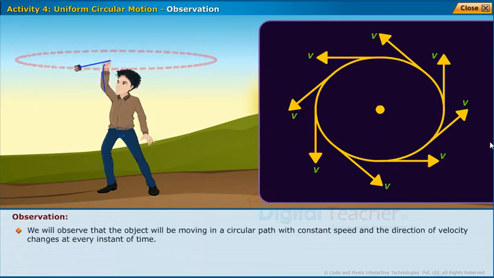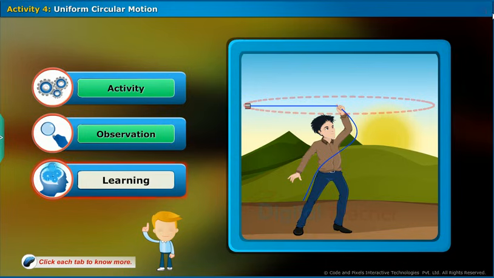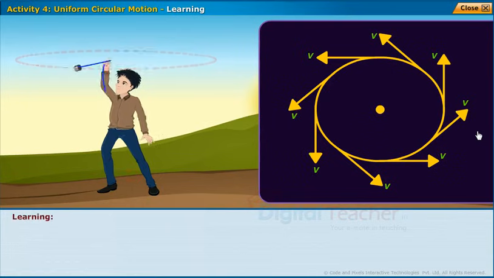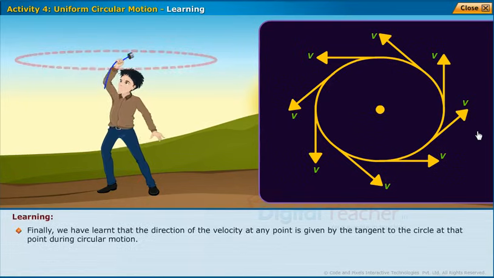We will observe that the object will be moving in a circular path with constant speed, and the direction of velocity changes at every instant of time. Finally, we have learned that the direction of the velocity at any point is given by the tangent to the circle at that point during circular motion.